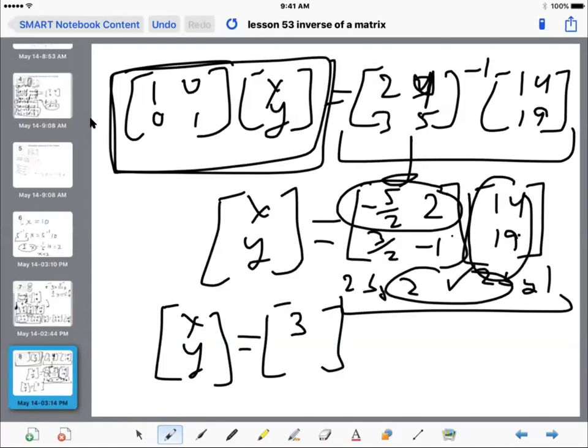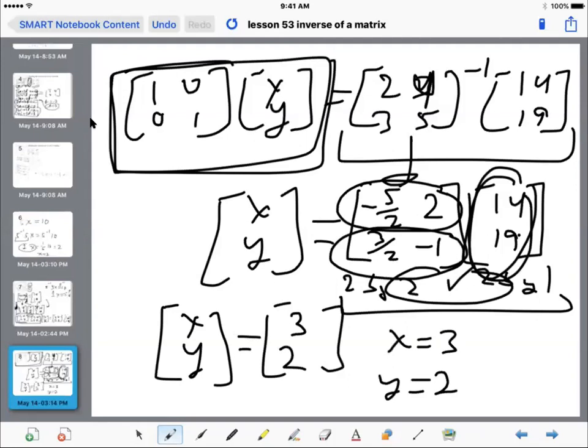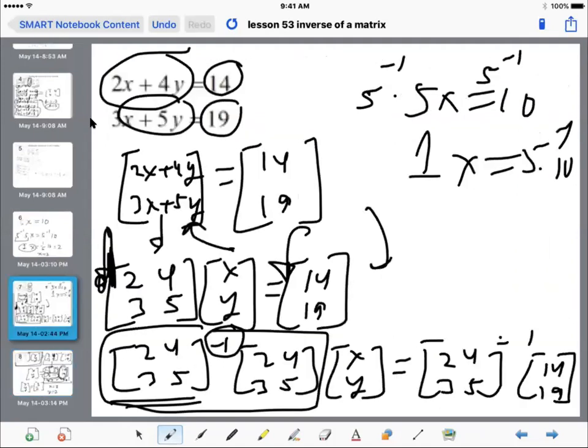And the other element comes from multiplying this by this. 3 over 2 times 14 is 21. Negative 1 times 19 is negative 19. 21 plus negative 19 is 2. So the answer to the question is x equals 3, y equals 2. Well, this is quite a lengthy way to solve this equation.